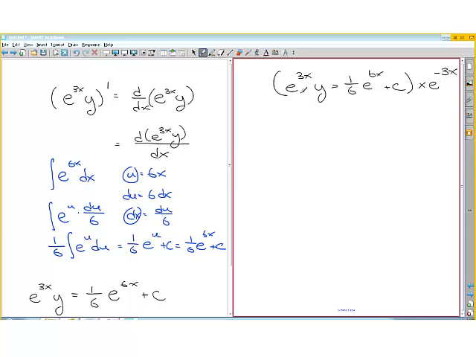So this just becomes y, and we get 1/6 e to the, well, we have 6x minus 3x, so you add the exponents, you get e to the 3x, plus c, multiplied by e to the minus 3x.